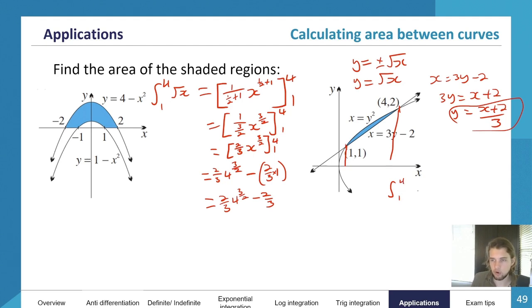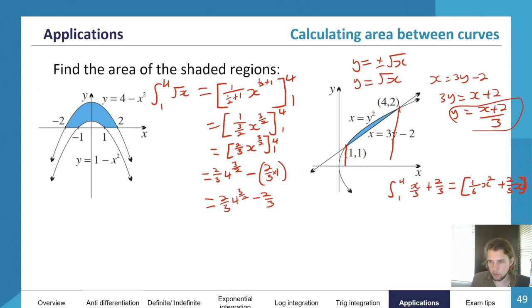We go 1 to 4, and we have x on 3 plus 2 on 3. So that becomes, well, that equals is a better way to put it, 1 on 6 x to the power of 2 plus 2 over 3 x.